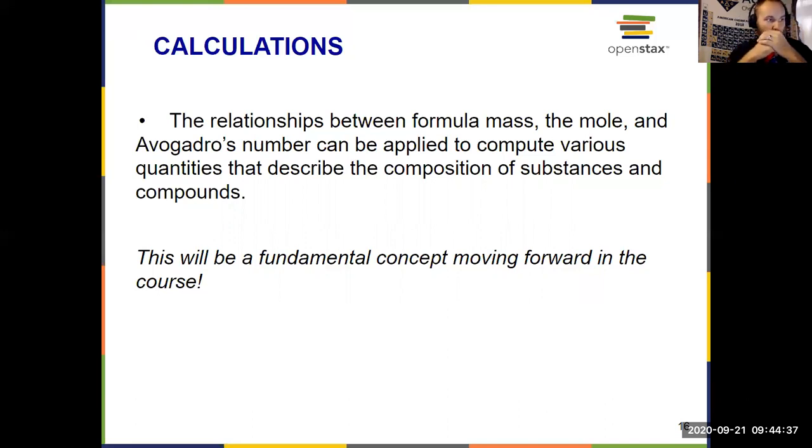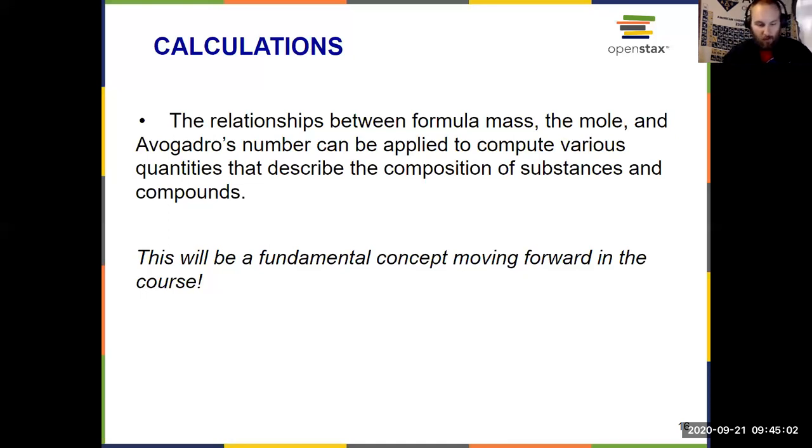We could do all sorts of different calculations and compute different quantities relating to the composition of these different substances. And what we are covering in this section, 3.2 and 3.3, it's all these same types of calculations. Fundamental concept moving forward. You have to know how to do this math as we proceed in general chemistry.